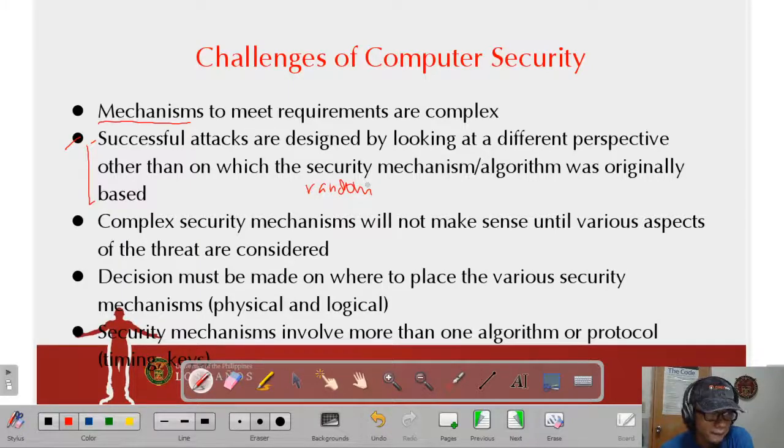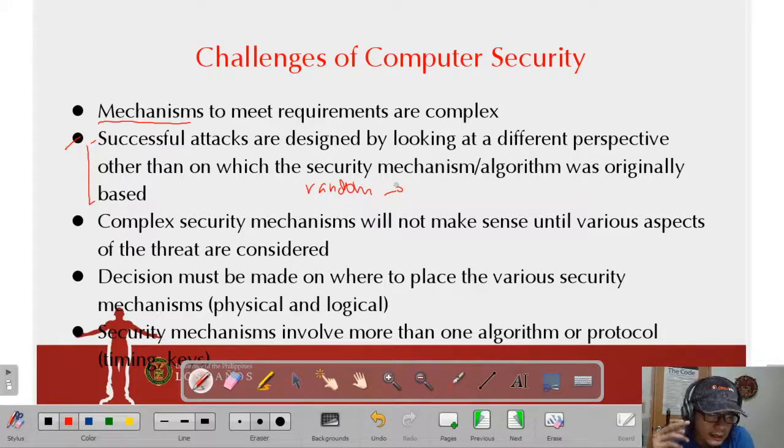No matter how complicated your cryptographic protocol is, if your random number generator can easily be compromised, or a random number can easily be predicted, then your cryptographic operations or protocols are useless, because the attacker can predict the keys, can predict the parameters of your cryptographic protocol or algorithm.